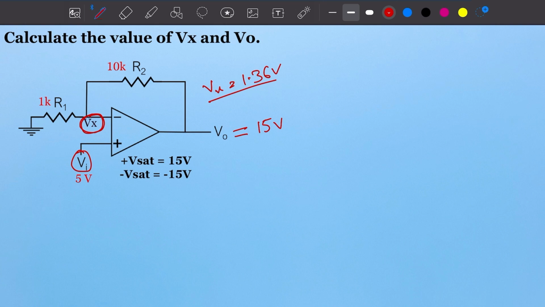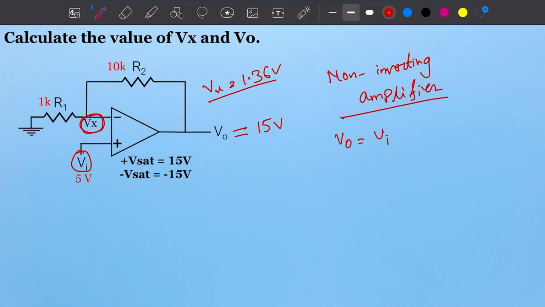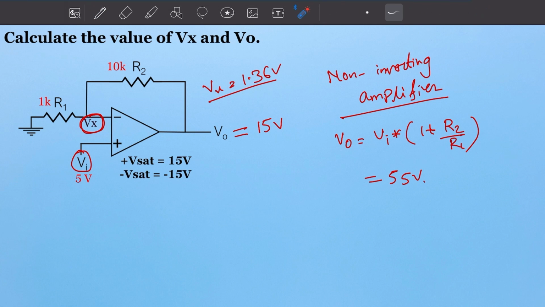First, I already showed you that this is a non-inverting amplifier, right? From the non-inverting amplifier, the formula of V0 is equal to Vi multiplied by (1 plus R2 by R1). From here we can get V0 equal to 55 volt.